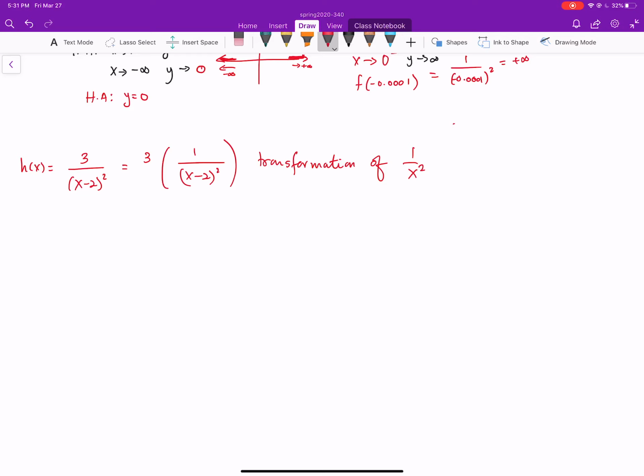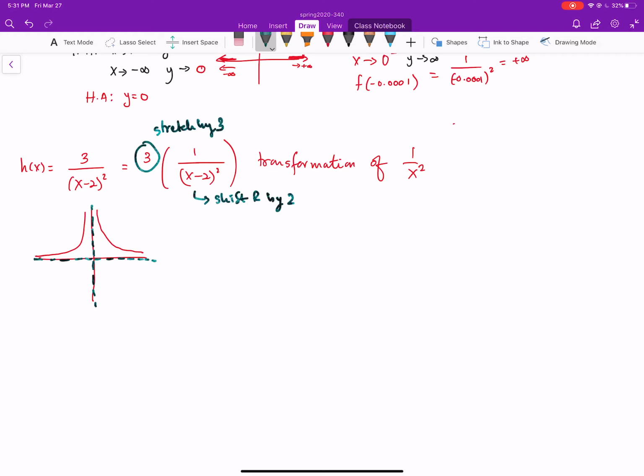So 1 over x squared looks like this, with horizontal and vertical asymptotes indicated in the dashed line. So what is this function saying? You shift right by 2, and then this 3 is a stretch by 3.